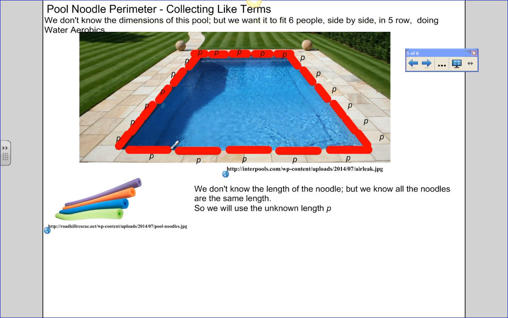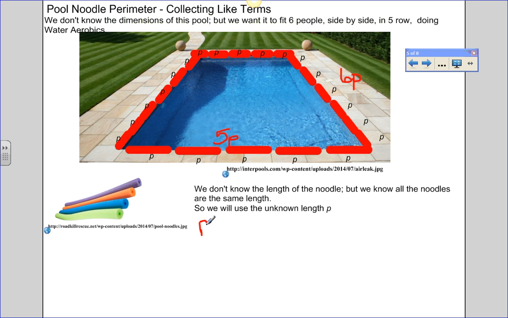So once I've labeled all of these, I actually know that I have 1, 2, 3, 4, 5 P's along the width of the pool, and 1, 2, 3, 4, 5, 6 P's along the length of the pool. So I can write that as 6P, or 6 times P, and down below 5P. Now since this is a rectangle, that means I can find the perimeter by just adding all the lengths.